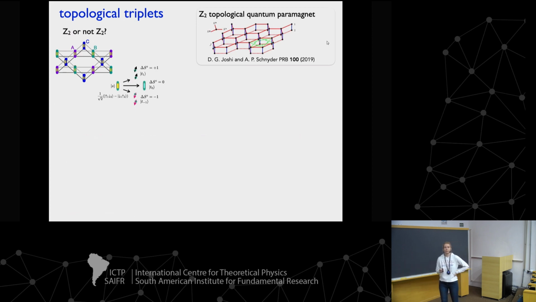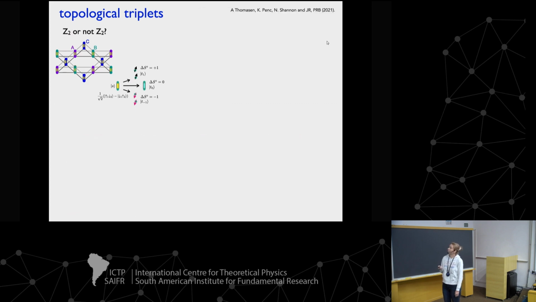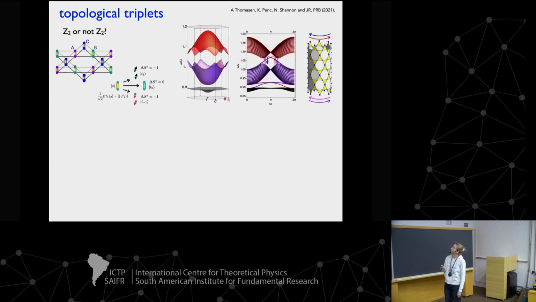What we wanted to investigate is how protected these triplet excitations, or the Z2 band topology of the triplets, really are, because as you know, these are bosons, and we don't have time reversal symmetry and Kramers degeneracy. So this was what we wanted to see.